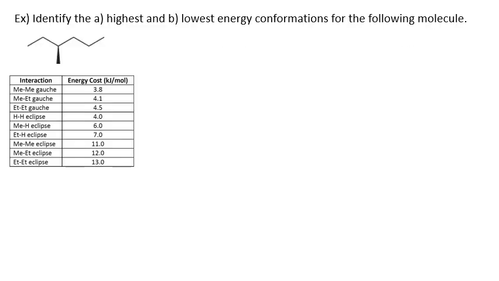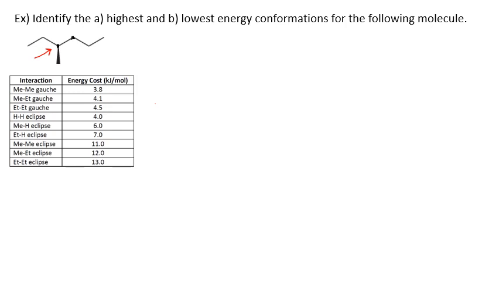In this problem, we want to identify the highest and lowest energy conformation for the molecule, unlike the last problem where we just wanted to find the energy barrier to rotation for a very simple molecule by looking at the staggered and the eclipsed. So in this problem, we're going to take a look down the following bond axis because these two carbons have the most substituents.